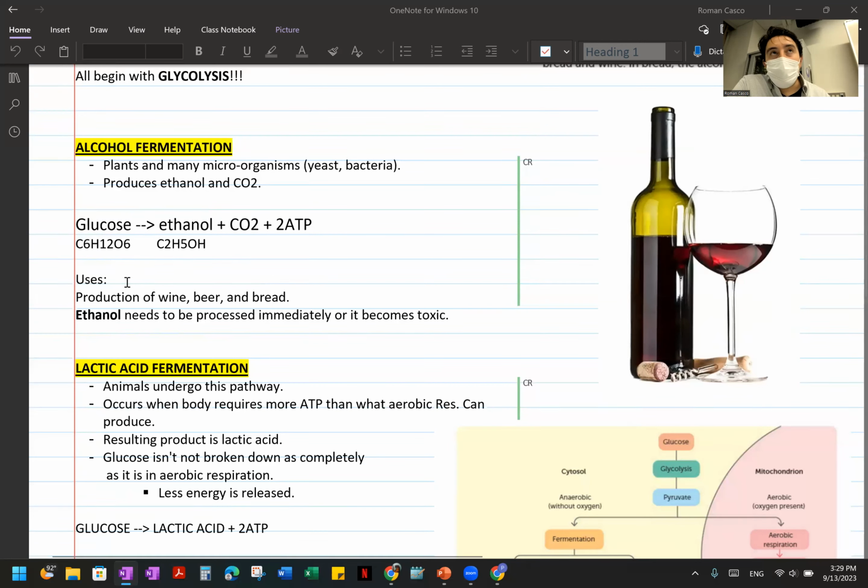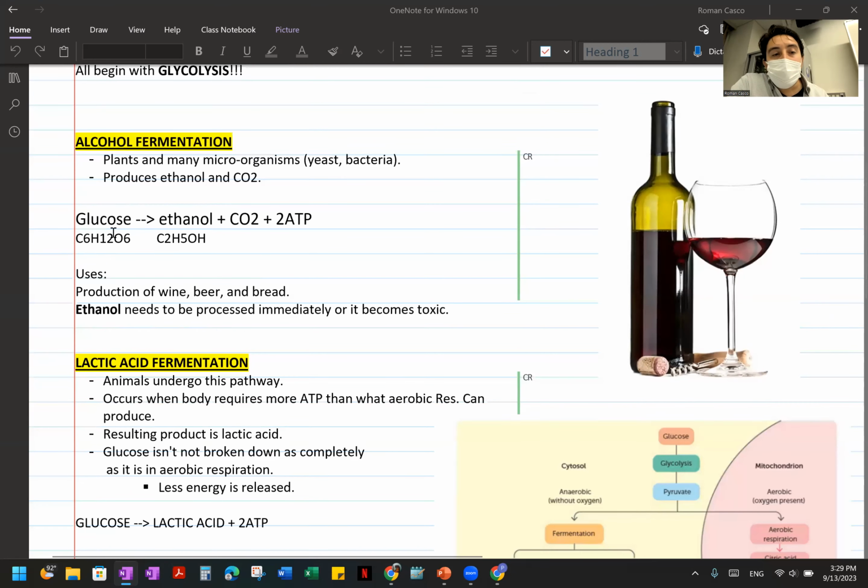Microorganisms can do this, such as yeast, fungi, prokaryotes, and bacteria. Plants can also do this. The name tells you what it essentially produces, which is an alcohol, more specifically ethanol. So it produces ethanol and carbon dioxide as an output.